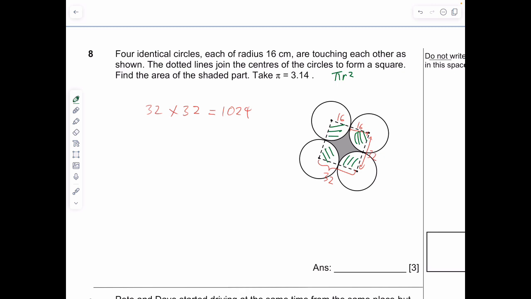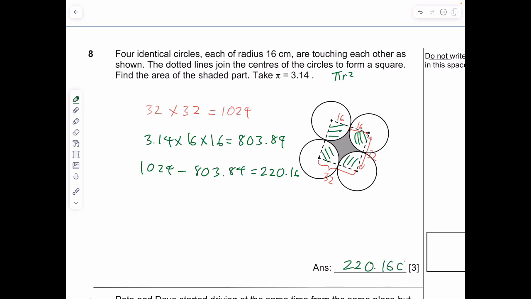They said to take pi as 3.14 times my radius, 16 times 16 times 16, it'll be 803.84. Now I will take the area of the square and subtract away one circle. So therefore it's 1024 minus 803.84, and my answer would be 220.16 cm squared. Units are important.